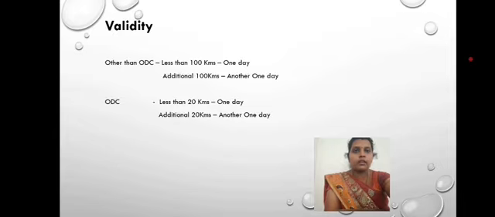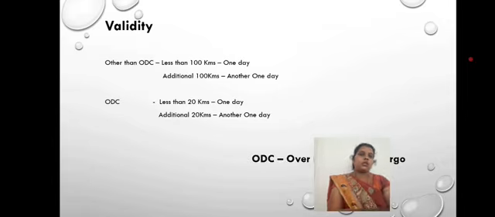Next, validity. In the part of validity, it should be taken in two parts. The first is other than ODC, the second is ODC. ODC means over dimensional cargo. Over dimensional cargo means goods which exceed the standard size and weight limit.